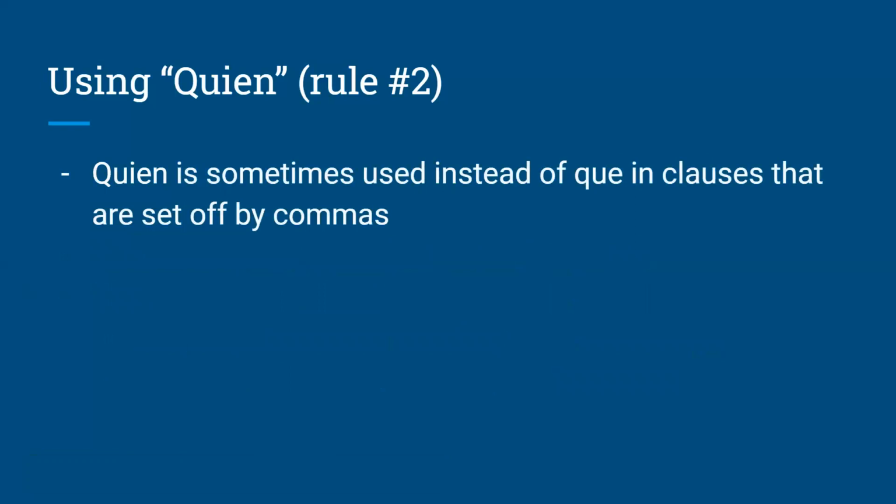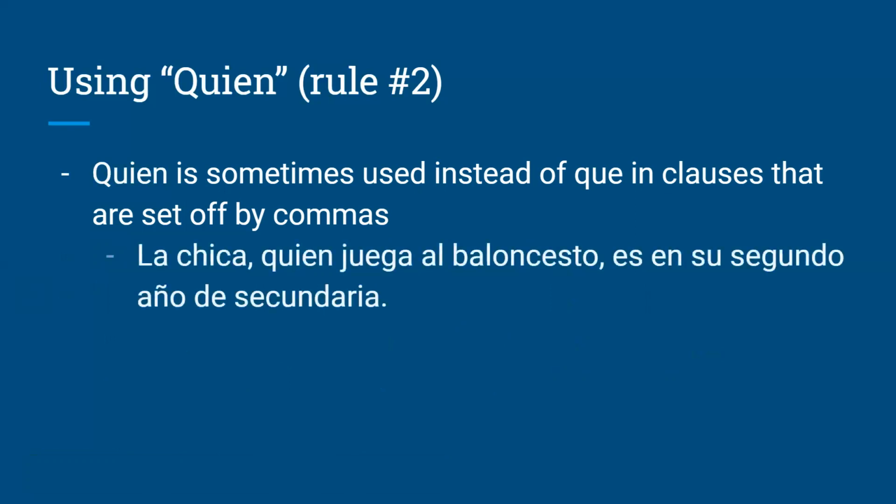That's rule number 1. Rule number 2. Quien is sometimes used instead of que in clauses that are set off by commas. I'm going to also add here again, this is still only referring to human beings. If it's not a human being, none of this matters. So here's our example. La chica, quien juega al baloncesto, es en su segundo año de secundaria.